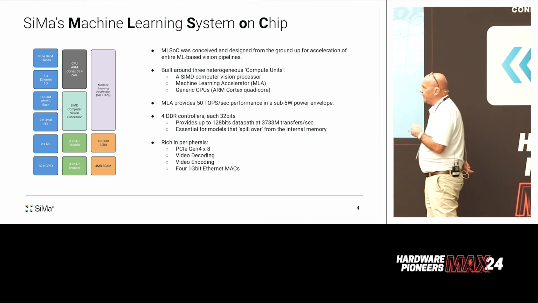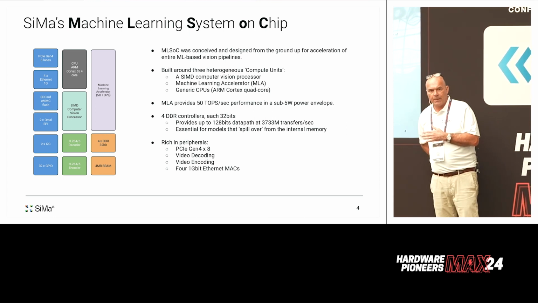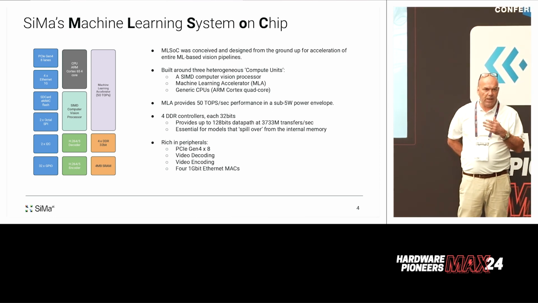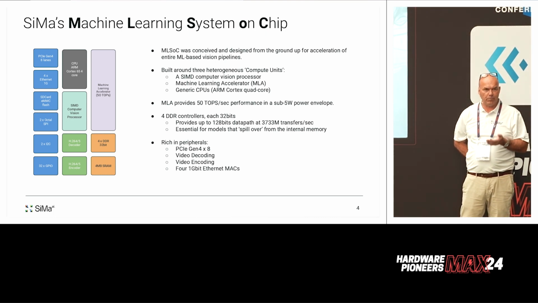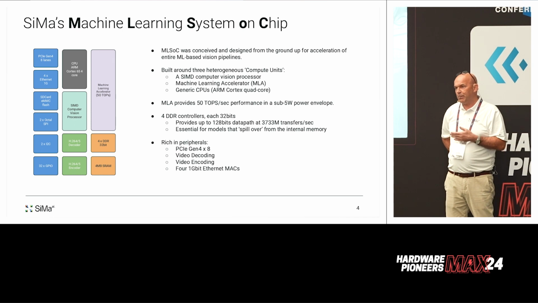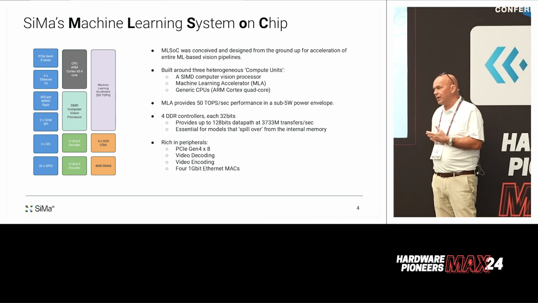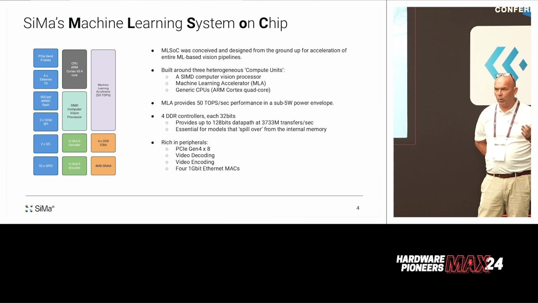We also include in the device the video codecs. So the video H.264 and H.265 decoding and encoding is built into the chip. Now that is something that is part of many pipelines, especially if the source of the imagery is an IP camera. The IP camera itself will compress the imagery to stream it back over the network.